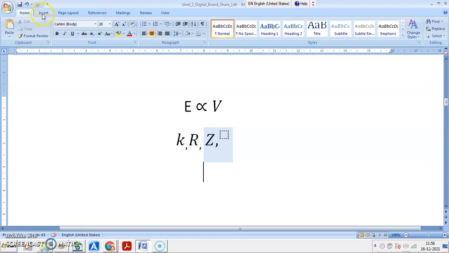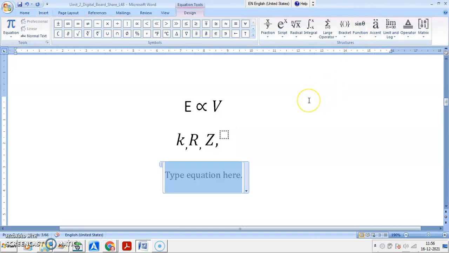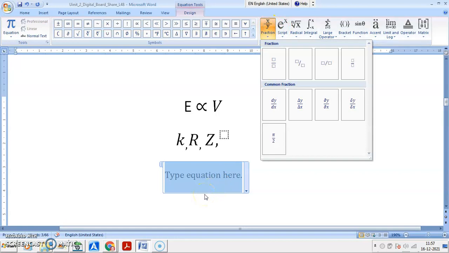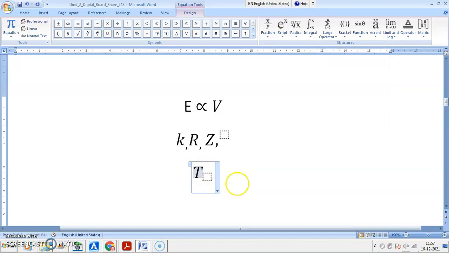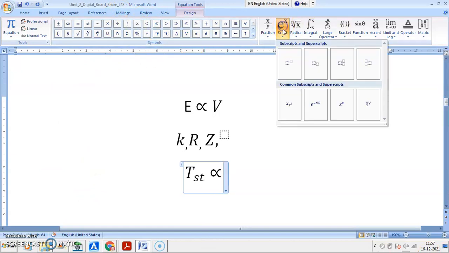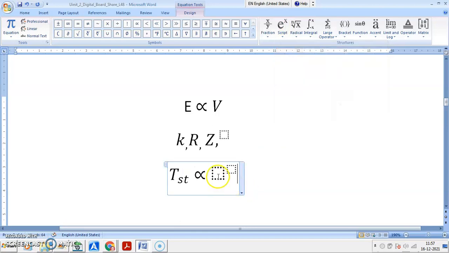So you can write the equation: which torque, the starting torque TST, is proportional to V square.